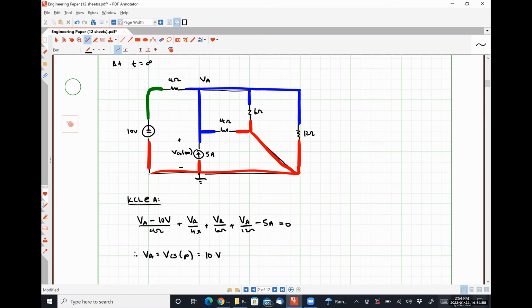By all means, take a moment to solve this system and verify. Any question regarding our analysis here at t is equal to infinity?